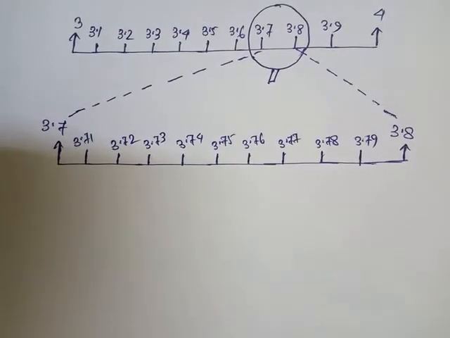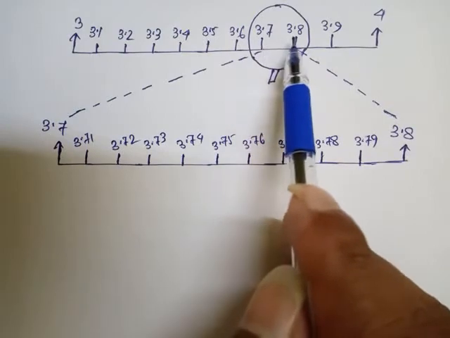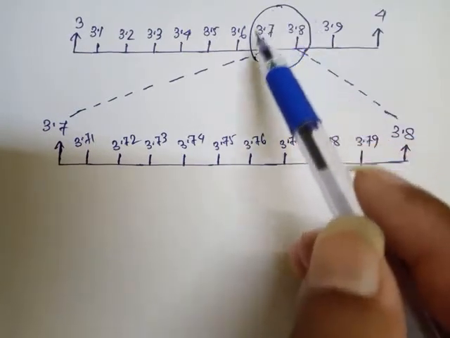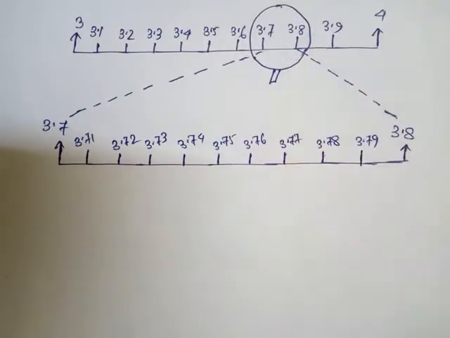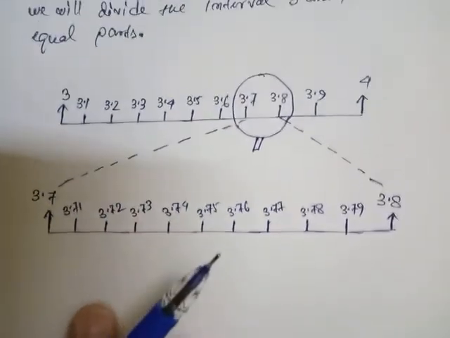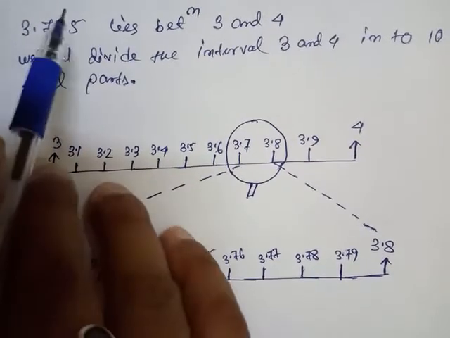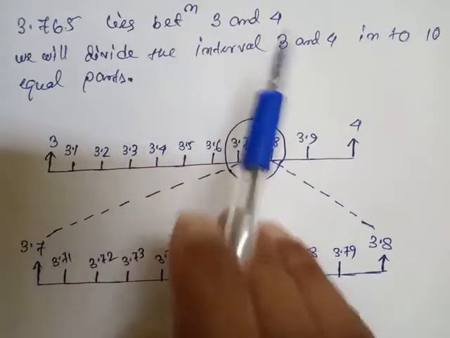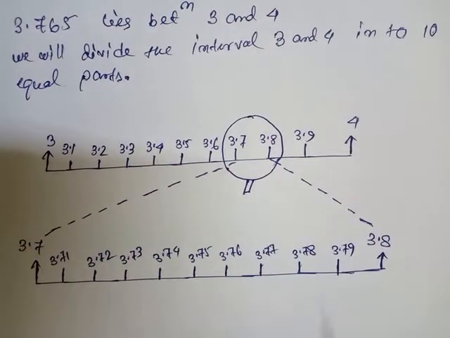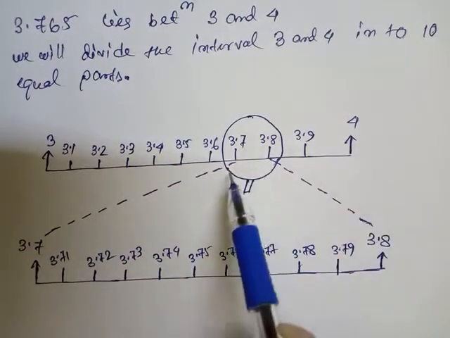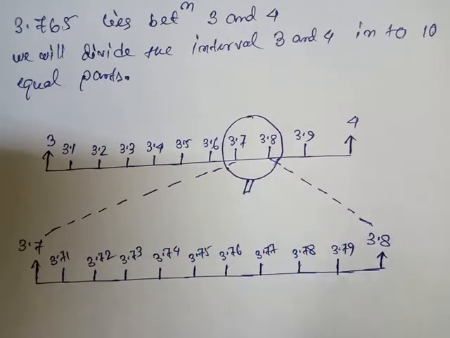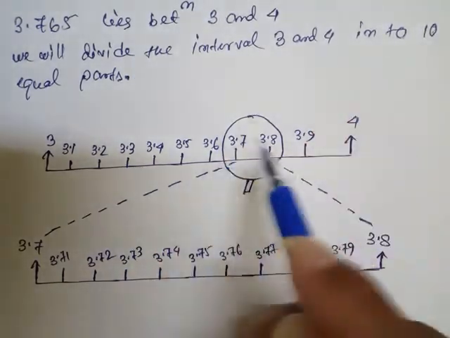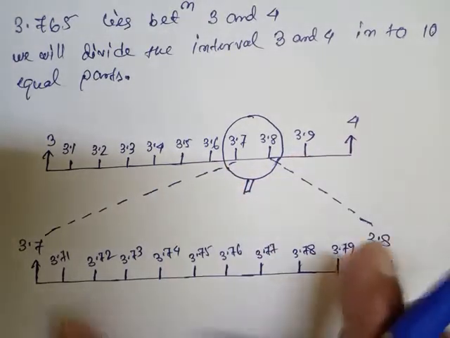Now students, look, 3.7 and 3.8, we have done the magnification here. Why? Because our number 3.765 lies between 3.7 and 3.8. That's why we magnified this portion. Now, this is the part which I joined, which means if I magnify this portion, it will enlarge.